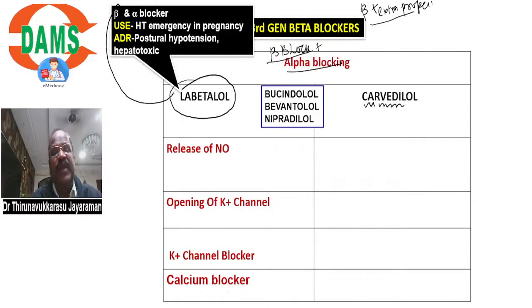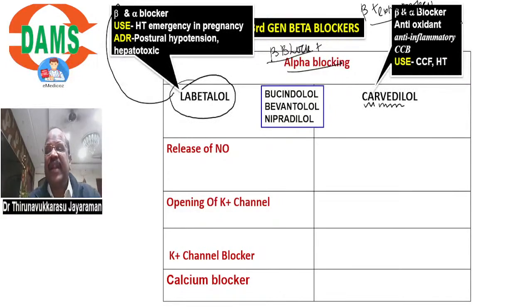It is also a beta plus alpha blocker, but an extra point: it additionally has antioxidant, anti-inflammatory action and calcium blocking property also. The very important point: this drug is very useful for hypertension and congestive cardiac failure. This is what is most important.